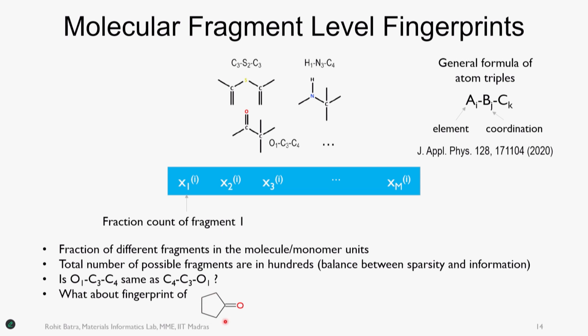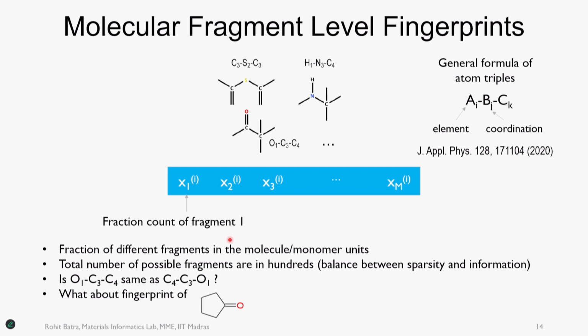Now that's where the next question comes. In here I have a ring, but I can have a linear counterpart also. In both of them, this fragment is present. So now how do you distinguish whether this fragment is part of a linear chain or part of a ring? Their properties should be different, right? So how do you distinguish? Both those pairs will occur in the same structure. Yeah, so at least at this feature level, I cannot talk about it.